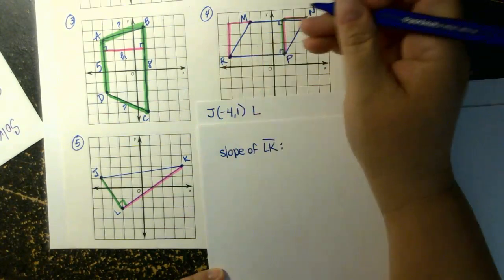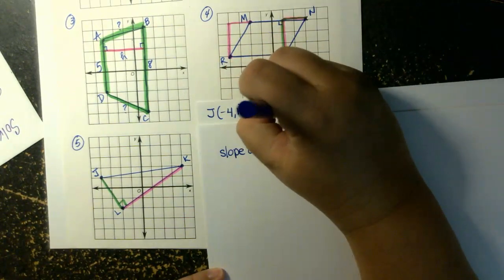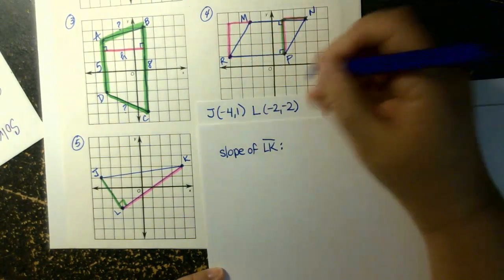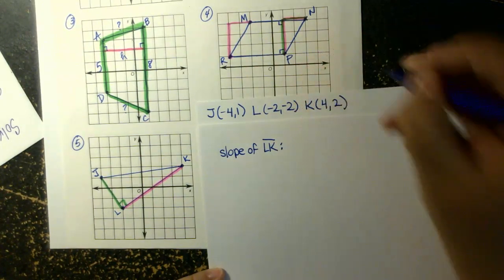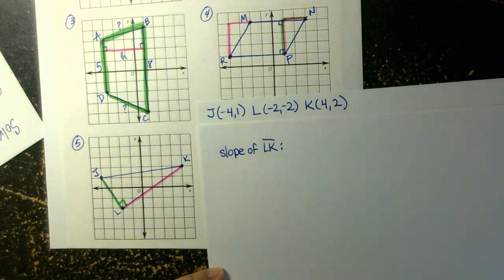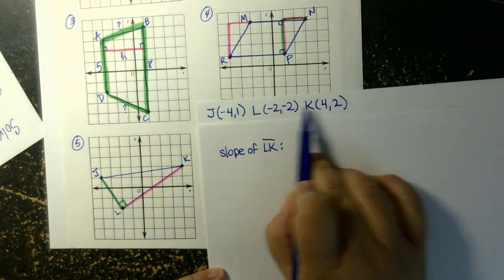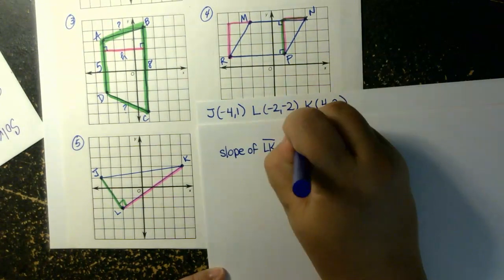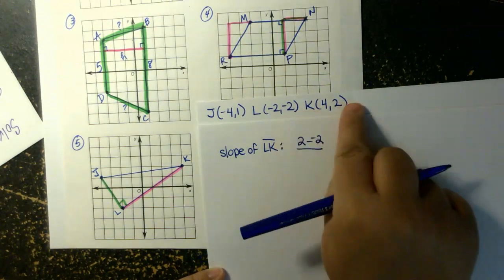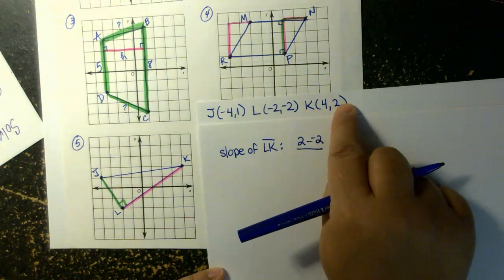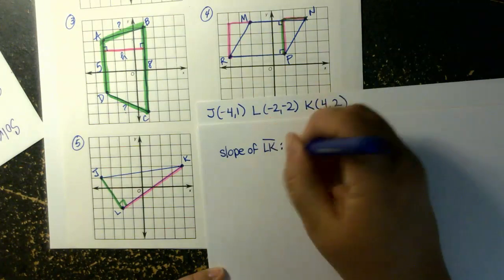Coordinates of L are -2, -2. And the coordinates for K are 4, 2. Okay, so the slope of LK is subtract the y's, so I'm going to do 2 minus -2. That minus this. So if I started with K on the top, I need to start with K on the bottom. So 4 minus -2.